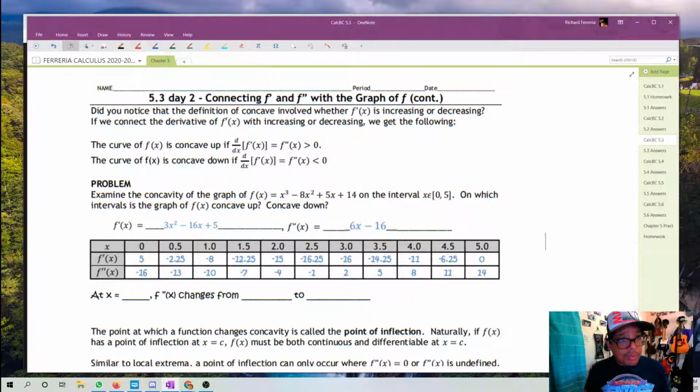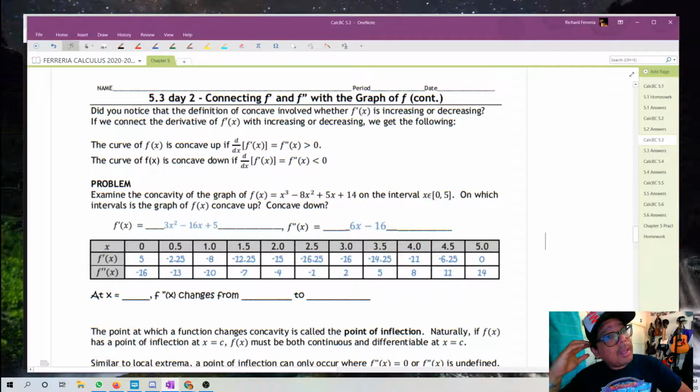And if we take a look at the second derivative, we notice that here at x equals 0, the second derivative is negative 16, negative 13, negative 10, negative 7, negative 4, and negative 1. So that means that f double prime is increasing, getting less negative.